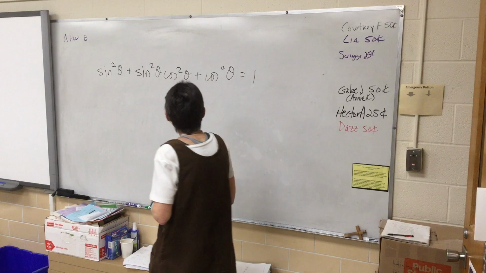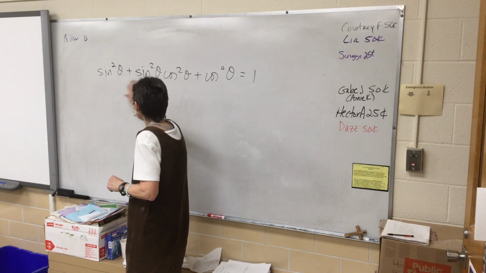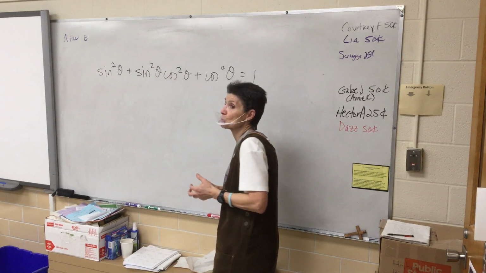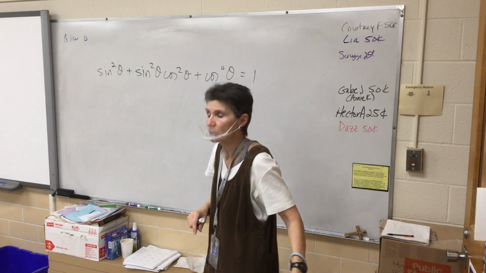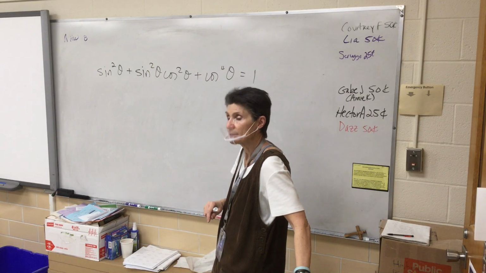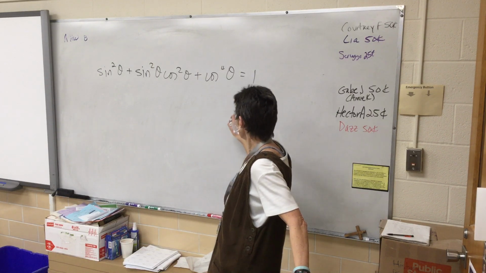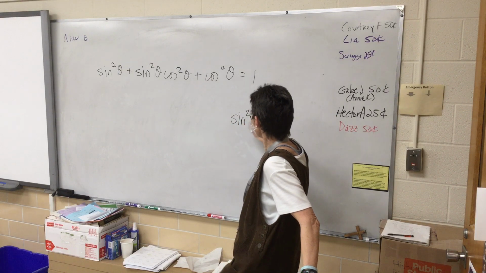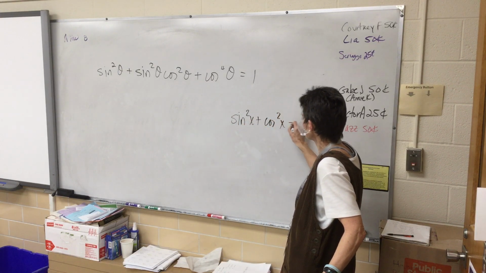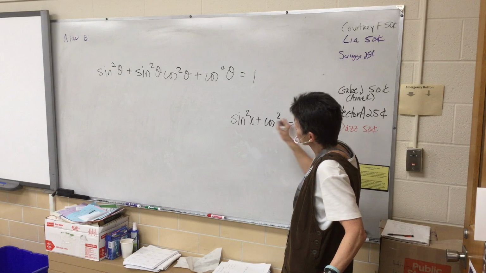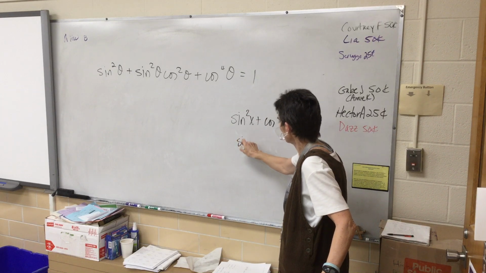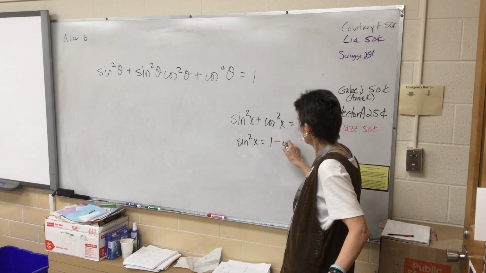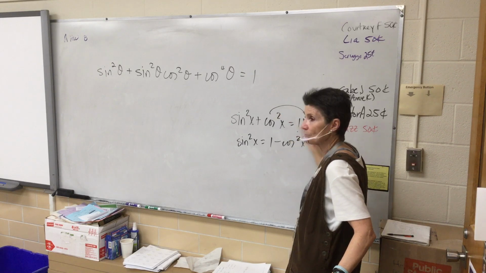Do you have a mechanism for changing sine squareds into cosines? Yes, you do. Because you have memorized that sine squared plus cosine squared is 1, which means sine squared must be 1 minus cosine squared if I bring this over here.